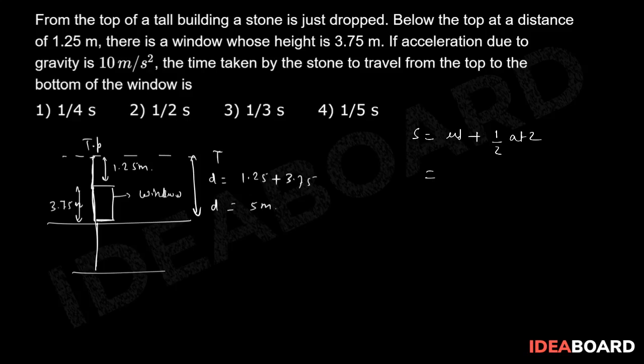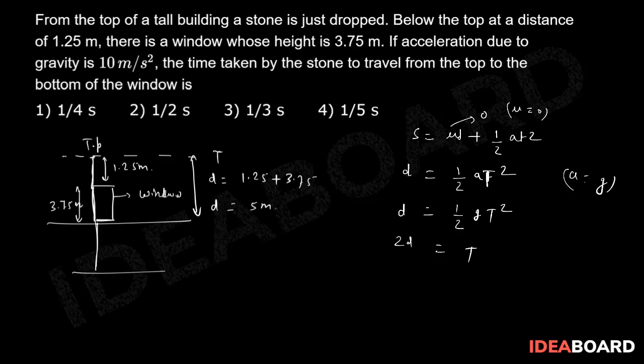From the top, the distance will be D, and the stone is getting dropped, so U will be 0. So this is half A into capital T square. We know that A is going to be G, so D is equal to half G into T square.